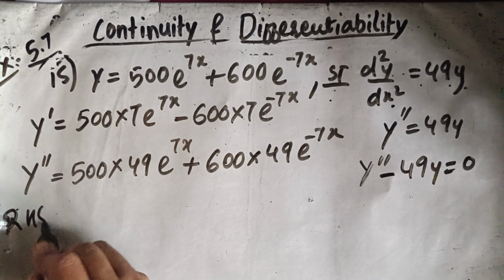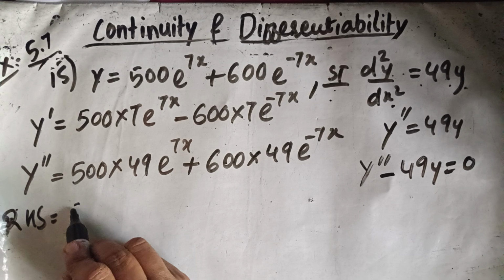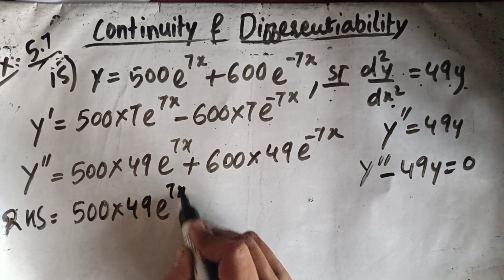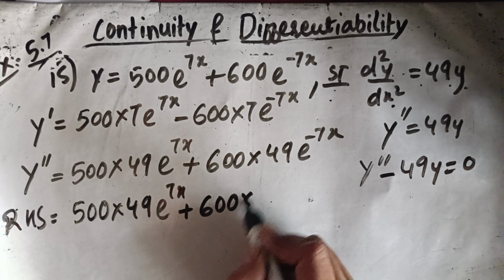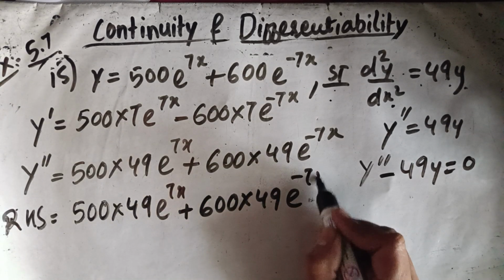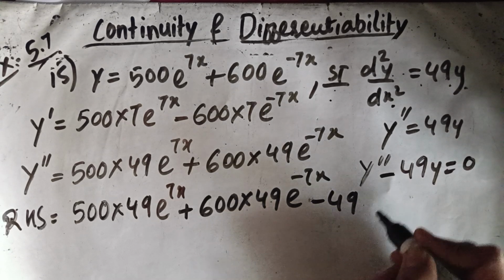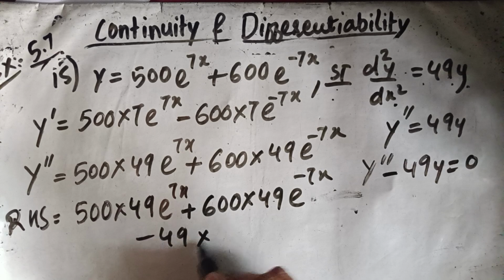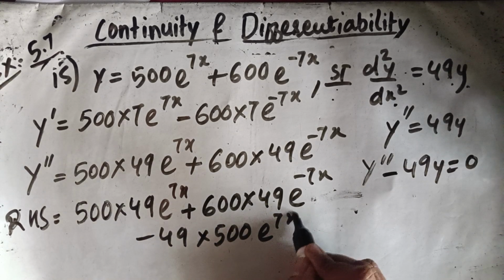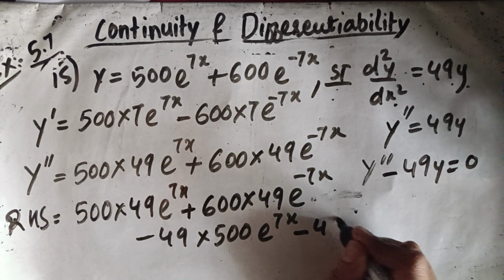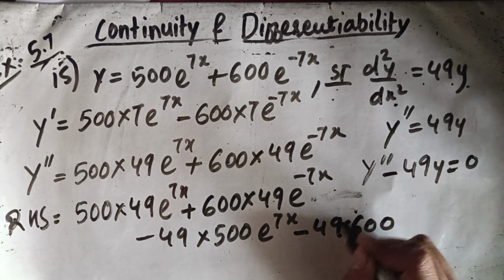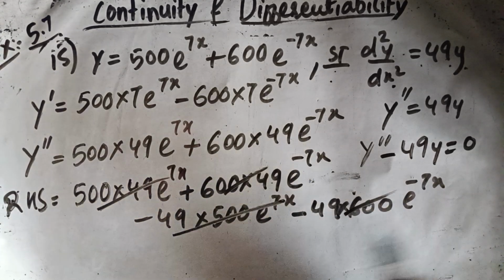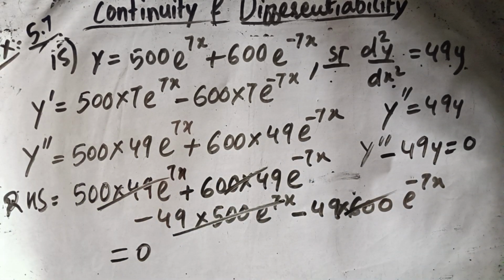So taking RHS, 500 into 49 e raised to 7x plus 600 into 49 e raised to minus 7x minus 49 into that thing, that is 500 e raised to 7x, y you have to multiply. So this is automatically getting cancelled, so it is 0. Okay.